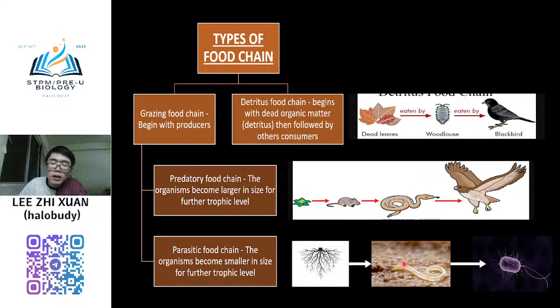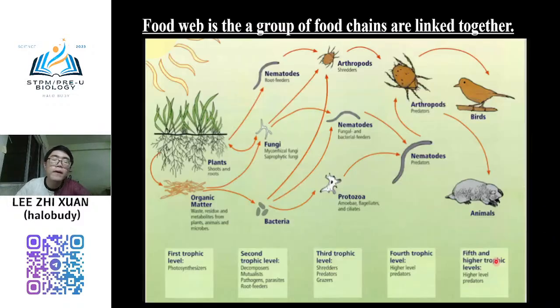When the consumer dies, bacteria will eat it, or maybe the bacteria can infect it like a virus; a virus or bacteria can cause an infection in this organism. For parasitic, because it is already called a parasite, the organism at the higher trophic level becomes smaller.